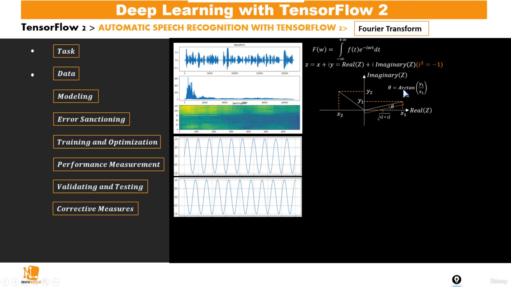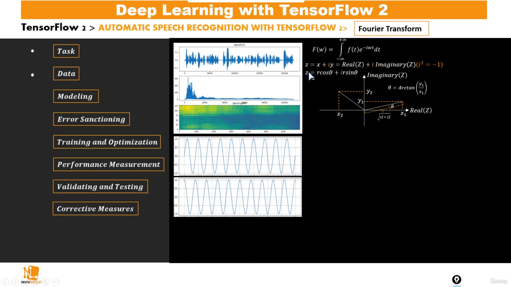So its phase here is the arctan of y1 divided by x1. And then we have something similar for this point here, where the amplitude is going to give us the square root of x2 squared plus y2 squared.